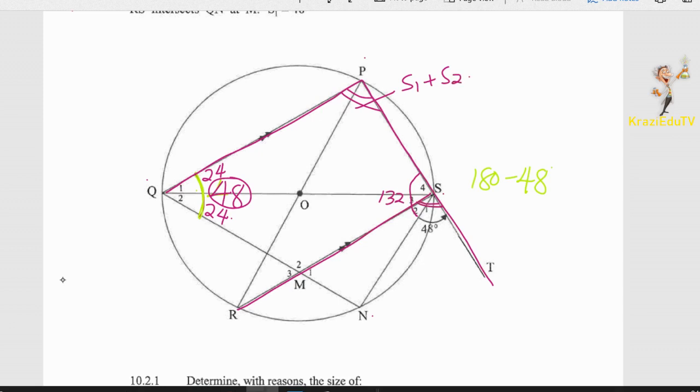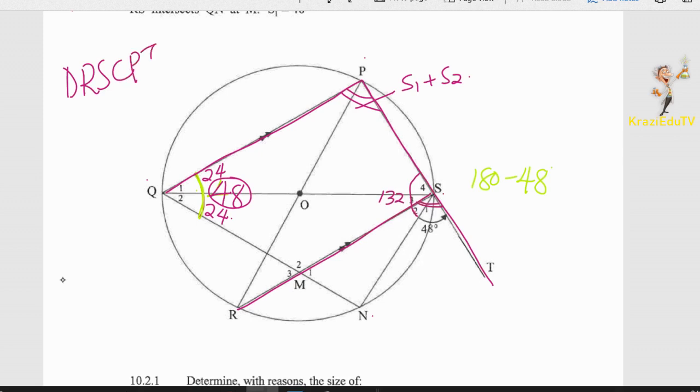Having said that, what other angle can we find? Oh, by the way, we know that O is the center because we're talking about a diameter. We should have actually written that down, but forgot.